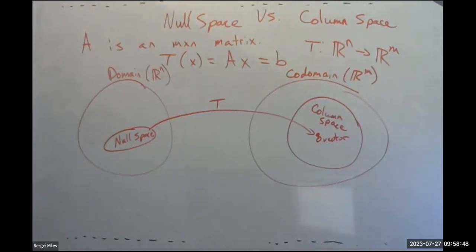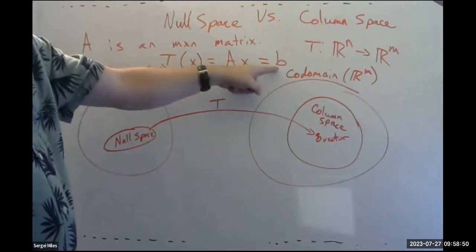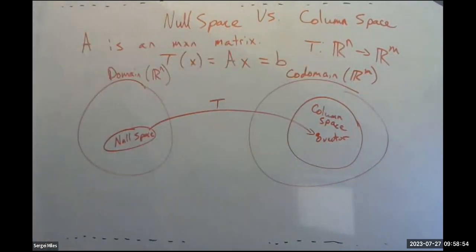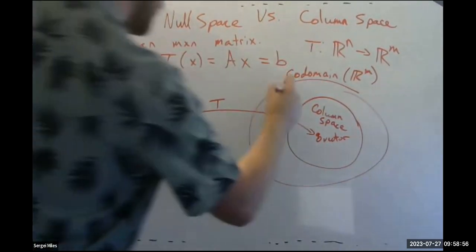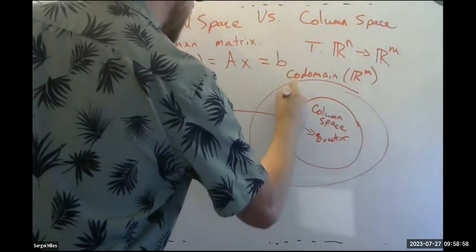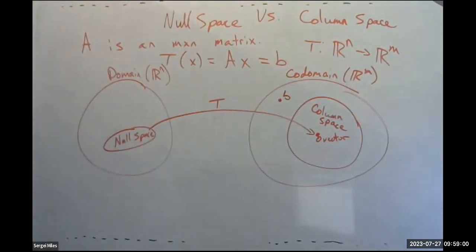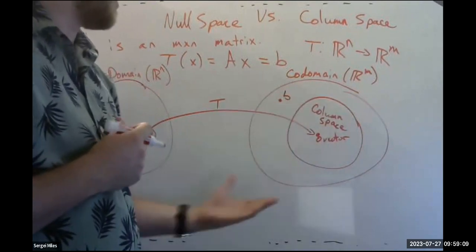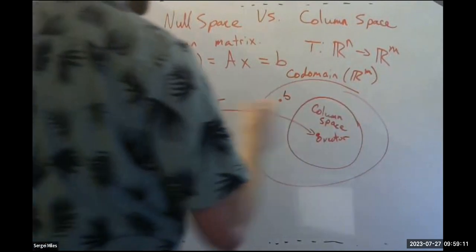Because maybe there's some B that we don't have a solution for. Maybe there's some B in Rm for which a solution does not exist, right? There could be some B out here which there's no X that maps to it. There's no solution for that B, right? In which case, the column space is not everything in the codomain, right?